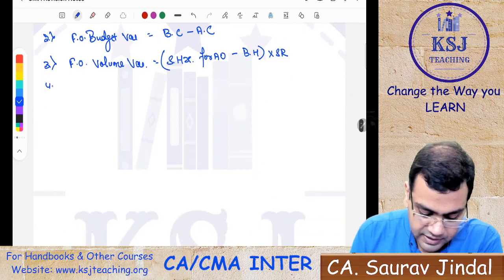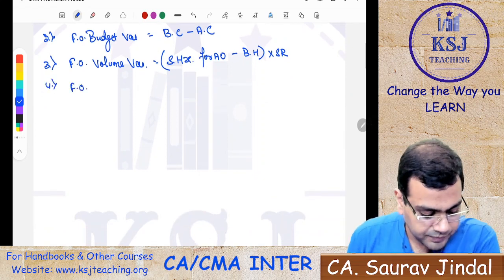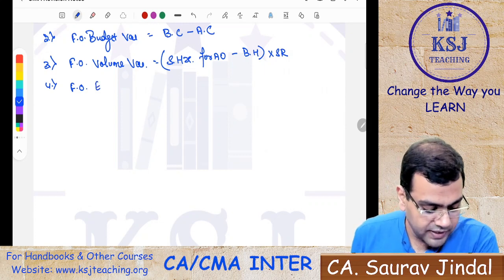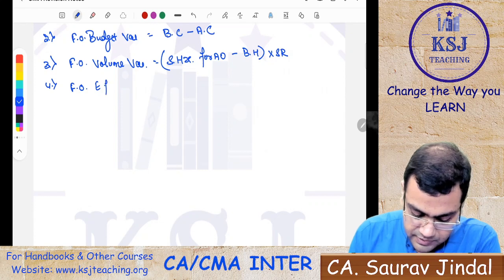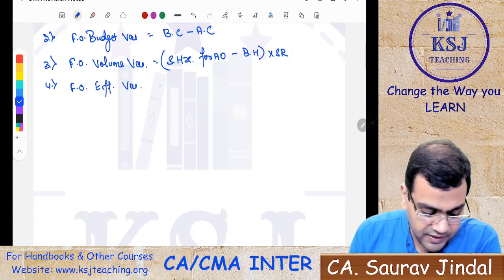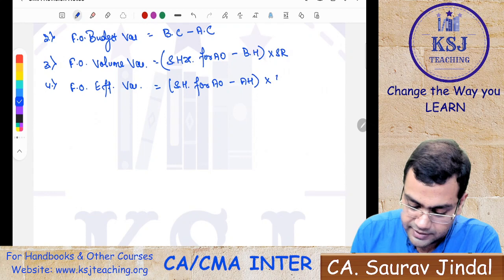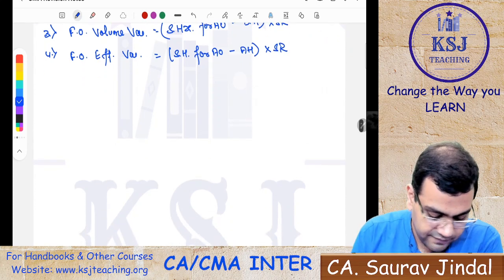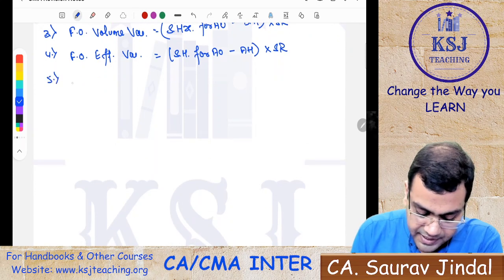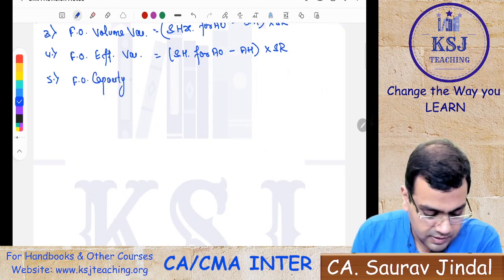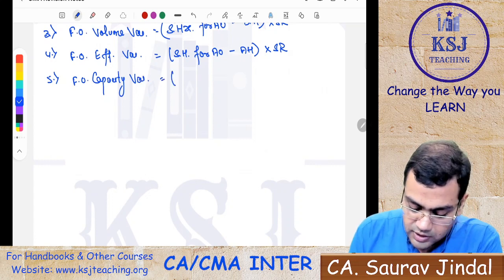After that, we have the fixed overhead efficiency variance, not expenditure variance, that is standard hours for actual output minus actual hours, into standard rate. Then we have the fixed overhead capacity variance, that is actual hours minus budgeted hours into standard rate.